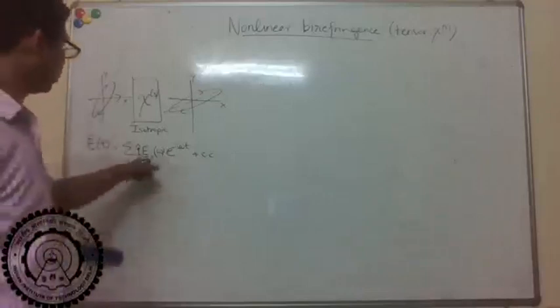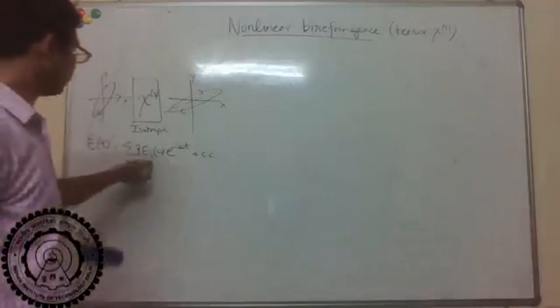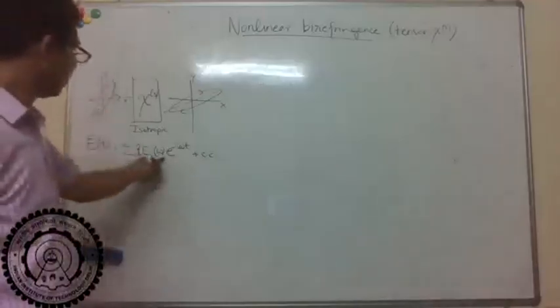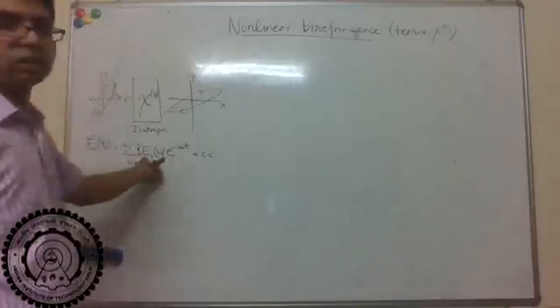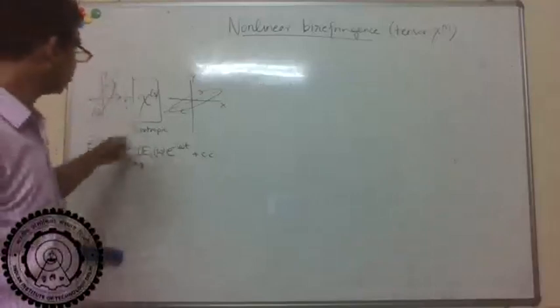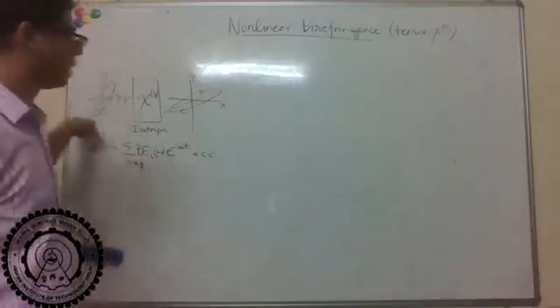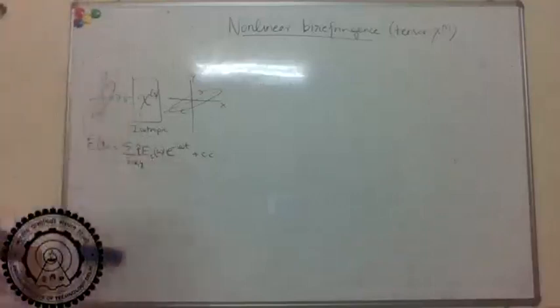Depending on these amplitudes for the x and y components, I could have any general polarization, so this E would be a complex number. Depending on its magnitude and phase of the two components x and y, I'll get some general elliptical polarization.